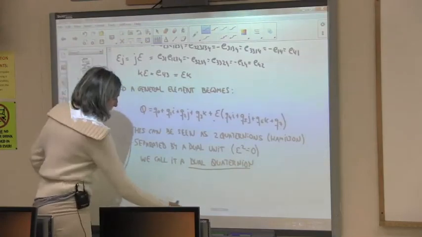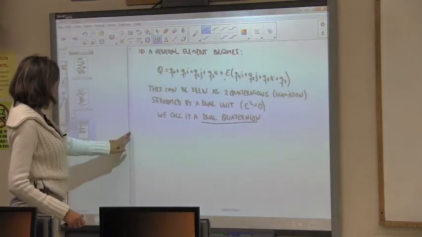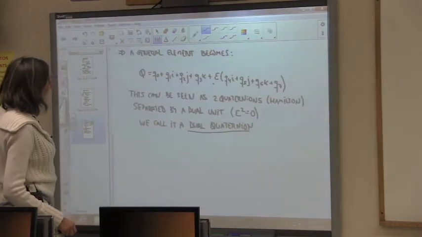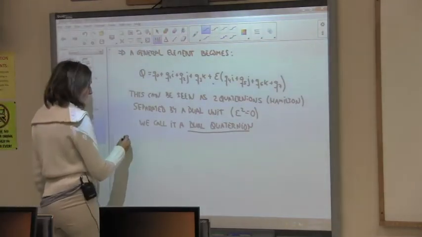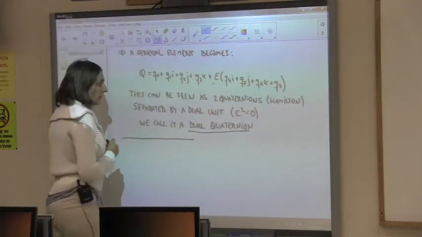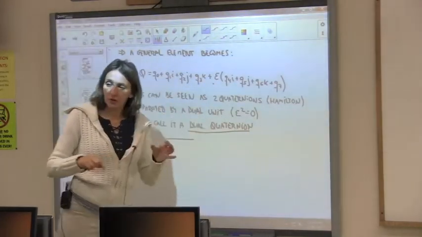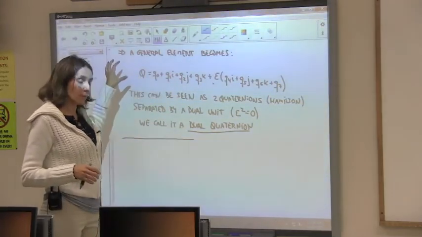Let me say something else. We call it a dual quaternion. So we have the units, and we can, of course, just use the distributive property when we operate on dual quaternions with the Clifford product.